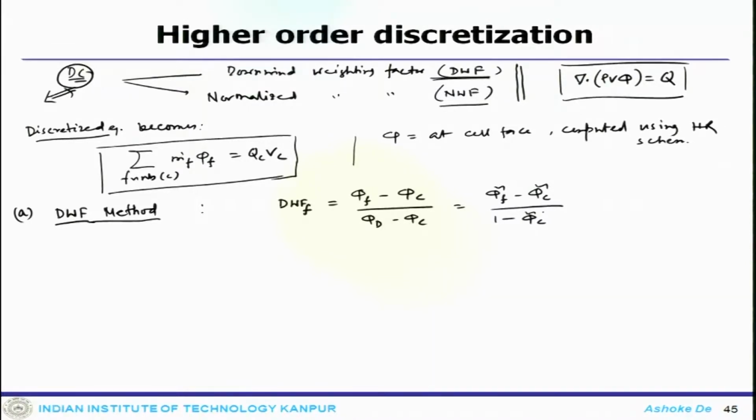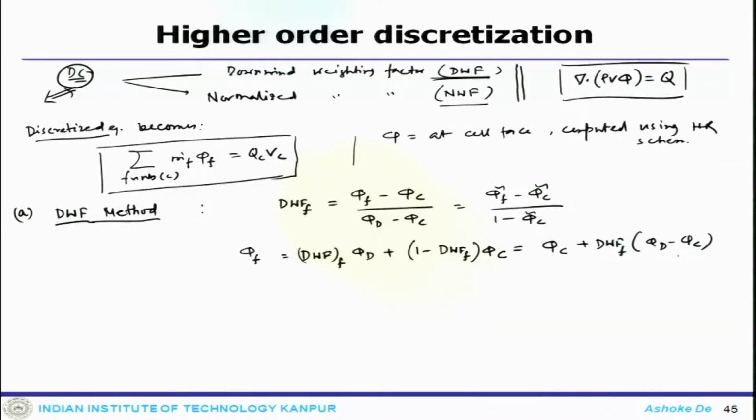So, you can rewrite this with the face value: phi f equals DWF factor multiplied with phi d plus 1 minus DWF factor into phi c, which is phi c plus DWF factor multiplied with phi d minus phi c.